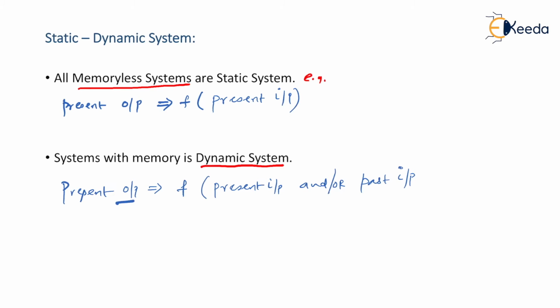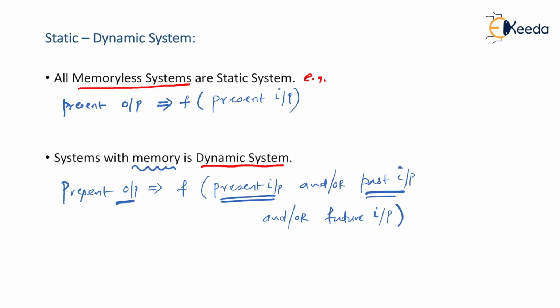It may be a function of only past input, or along with past input some present input also, and or future input. In that case we say there is a presence of memory and the respective system is called a dynamic system.